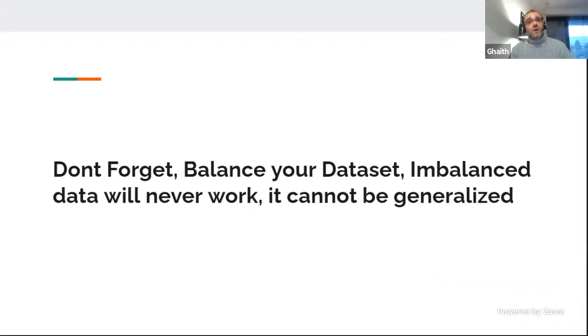That means we are trying to have equal sensitivity toward both classes. In case it's not a balanced data set, our model will work better for the majority class, not for the minority class. So in classification, it's very important to balance your data set.